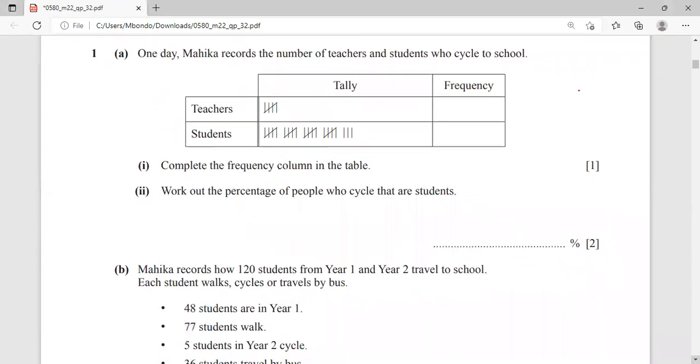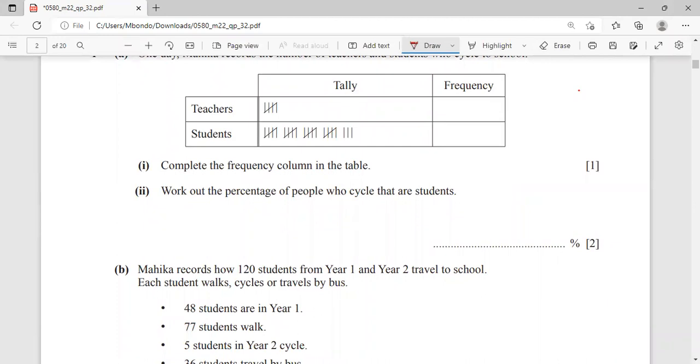Okay. So the first question reads, one day, Mahika records the number of teachers and students who cycle to school. The numbers were recorded in tallies, as we can see here.